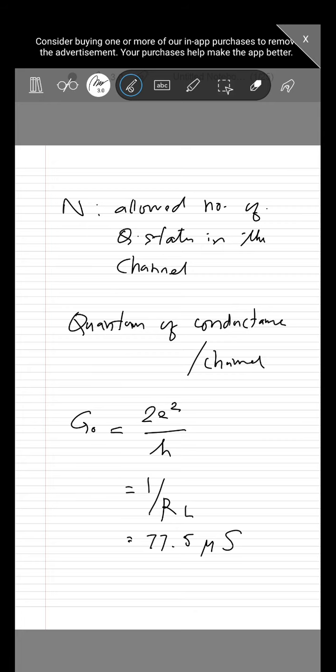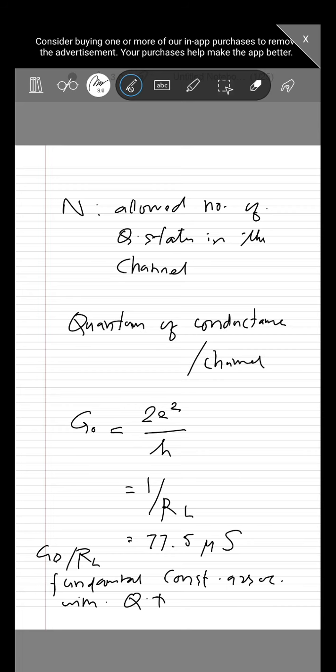And this Landauer resistance or conductance is a fundamental constant associated with quantum transport. So G_L or G0 or R_L is the fundamental constant associated with quantum transport.